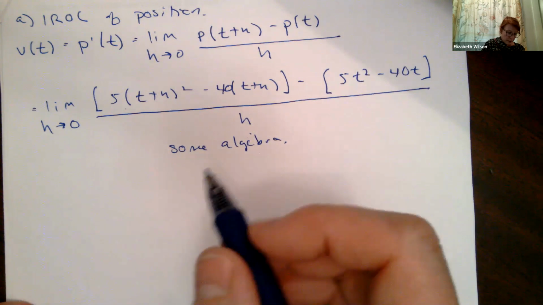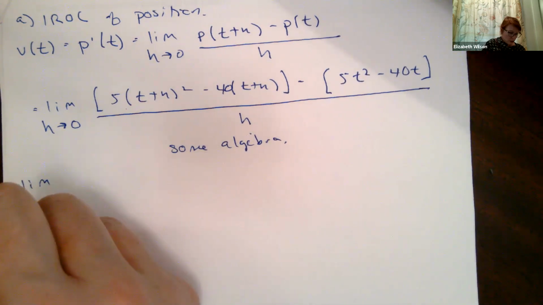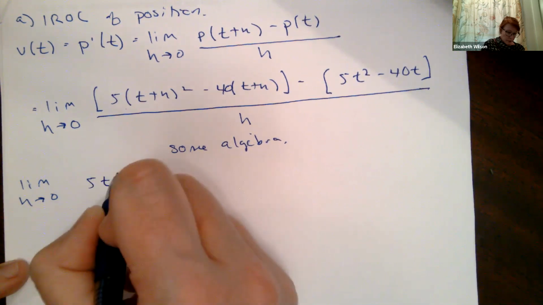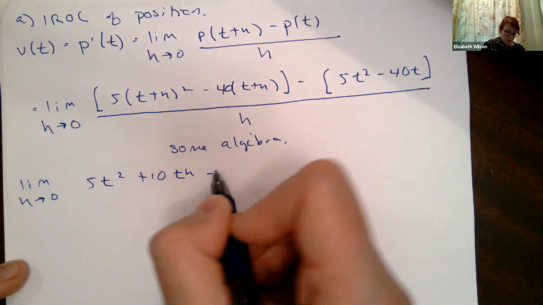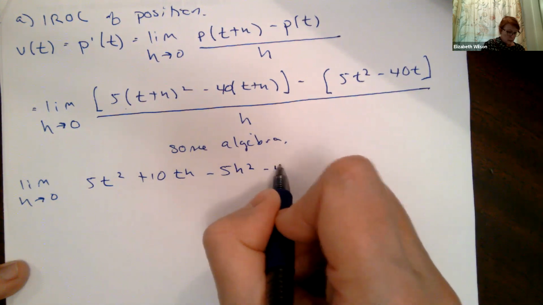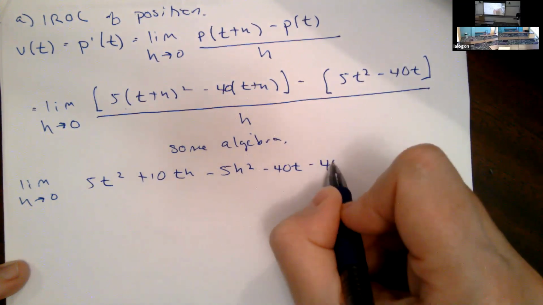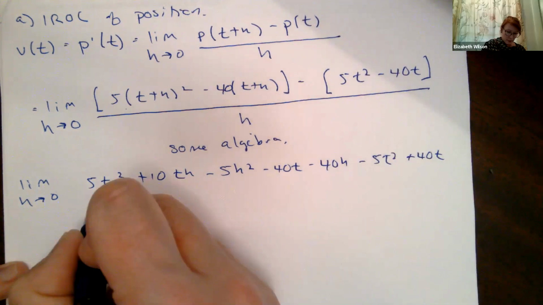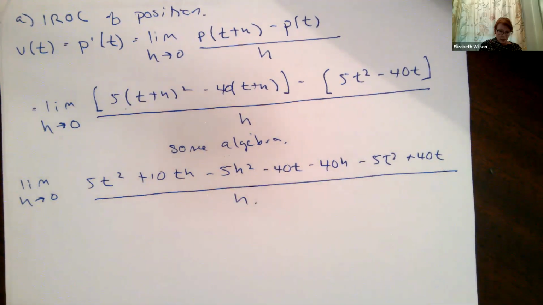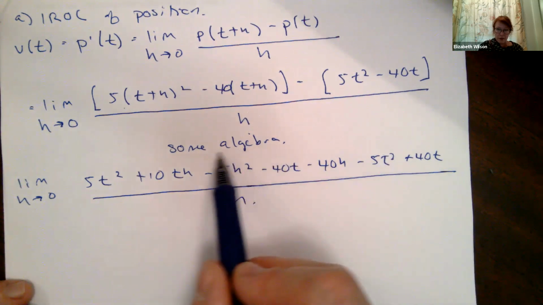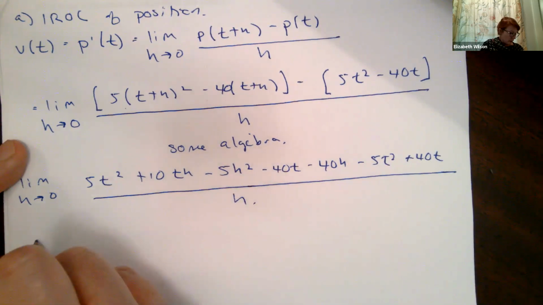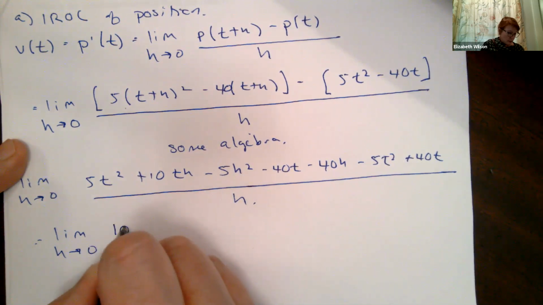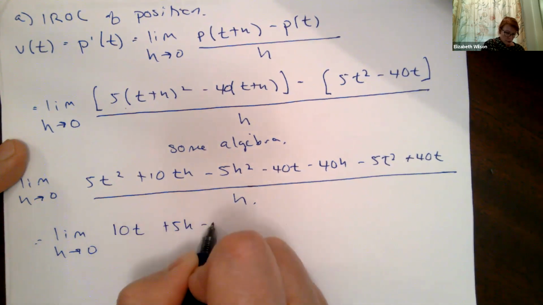It's the limit as h goes to 0 of 5t squared plus 10th plus 5h squared minus 40t minus 40h minus 5t squared plus 40t, all over h. After combining like terms and simplifying, this is the limit as h goes to 0 of 10t plus 5h minus 40.